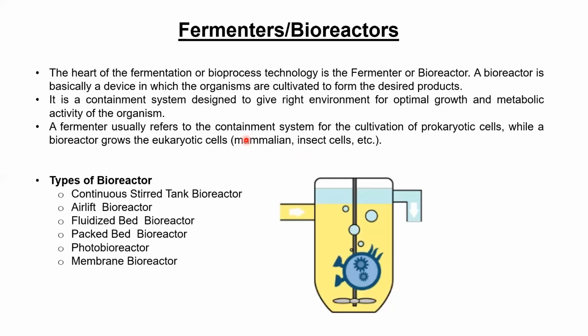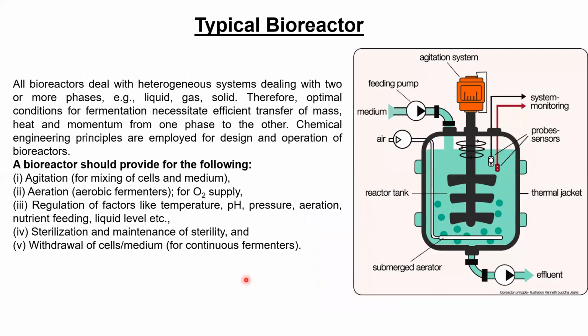Different types of bioreactors: continuous stirred, airlift, fluidized bed, packed bed, membrane bioreactor. We do not need to go into the details of these bioreactors, but just a small idea about how a bioreactor looks is enough. This is the typical structure of a bioreactor or of a fermenter.